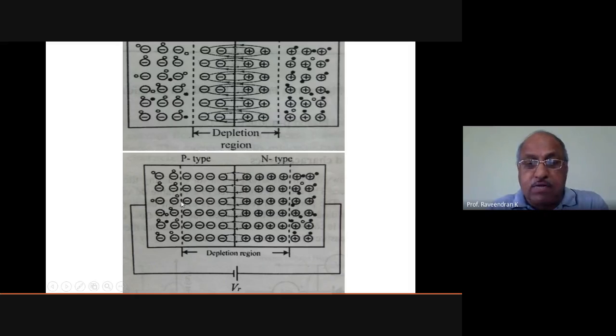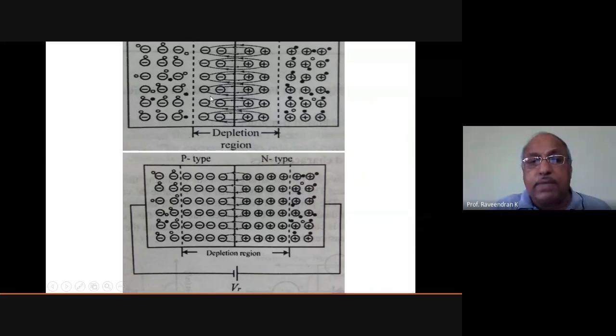The depletion region will be getting widened because most of the holes will be attracted towards the negative polarity of the voltage source, and most of the electrons here will be attracted towards the positive polarity of the voltage. That ultimately causes the depletion region to widen further.